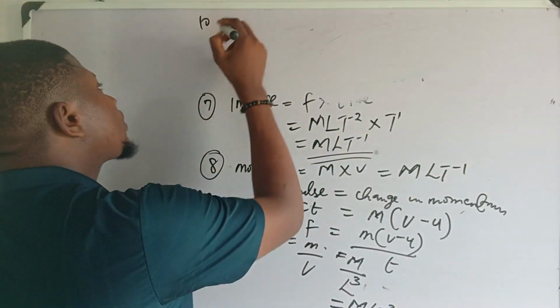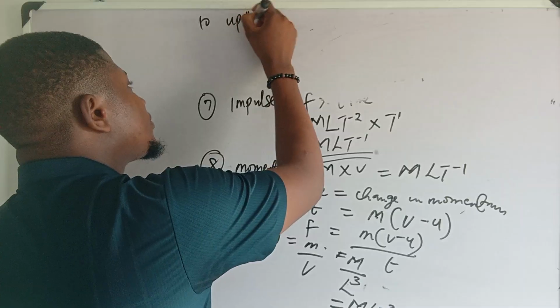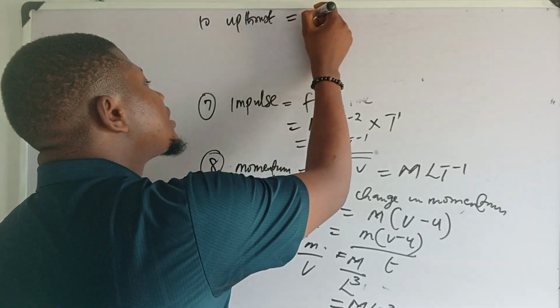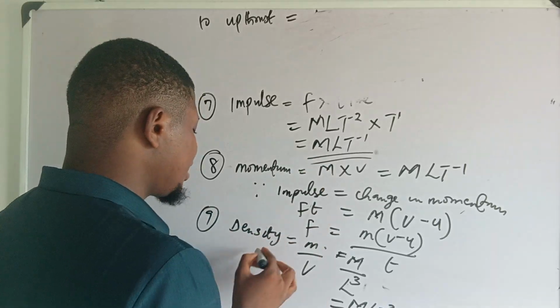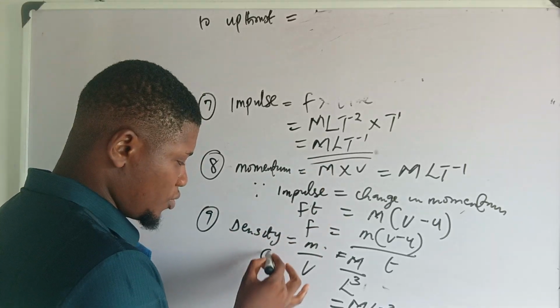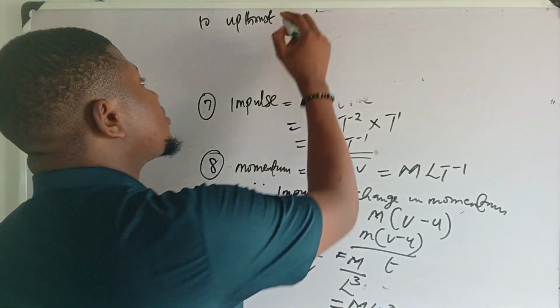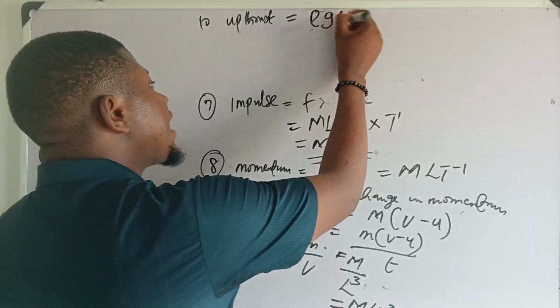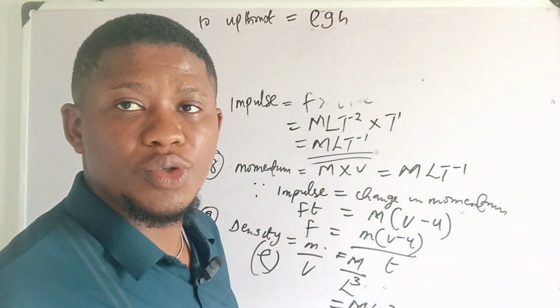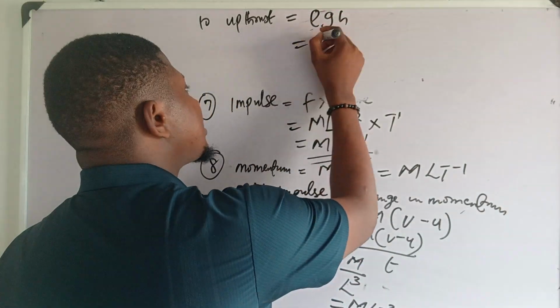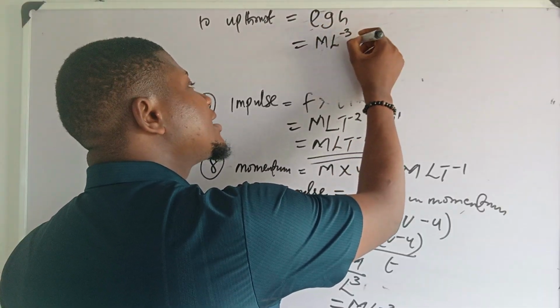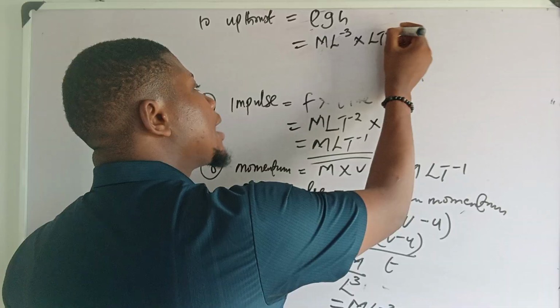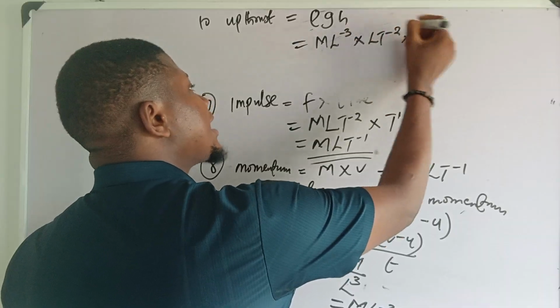Then let's clean up again. Number 10, let's look at upthrust. Upthrust is rho g h. The symbol of density is rho. You understand? Rho g h. Rho is density, and density is ML minus 3. Gravity is LT minus 2, times height, which is length.